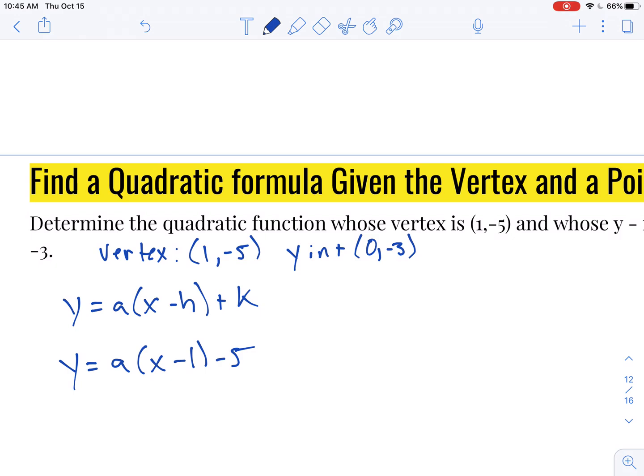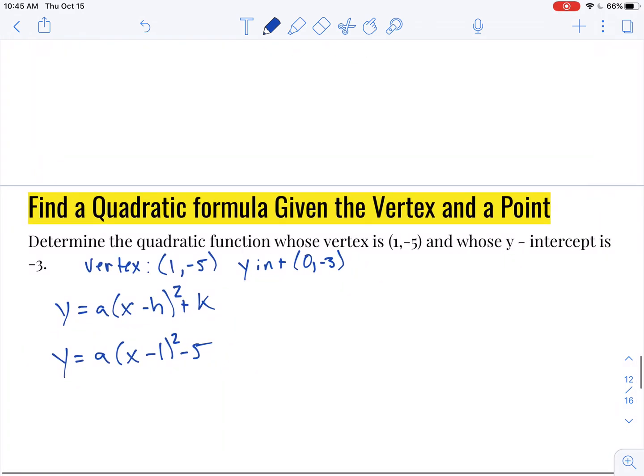Now that I'm here, this is not the quadratic function that I'm looking for, because all I have is a, and that a value can be anything. This is a great representation of every quadratic function that has a vertex at (1, -5), but that doesn't include the stretch factor.